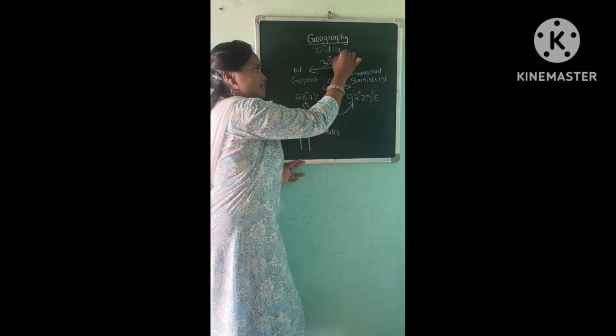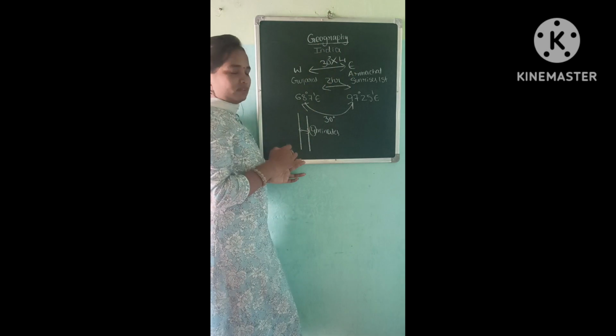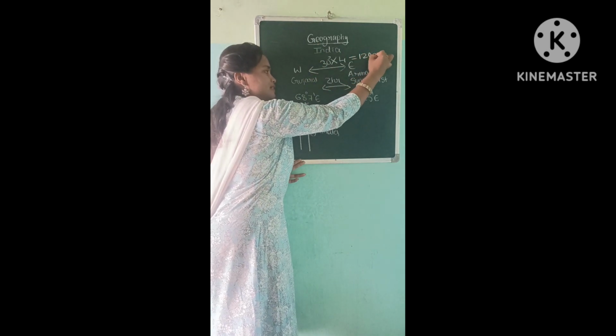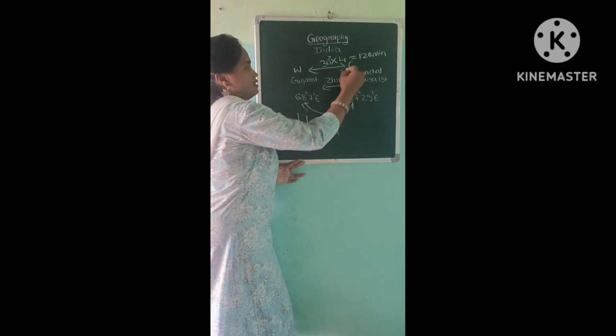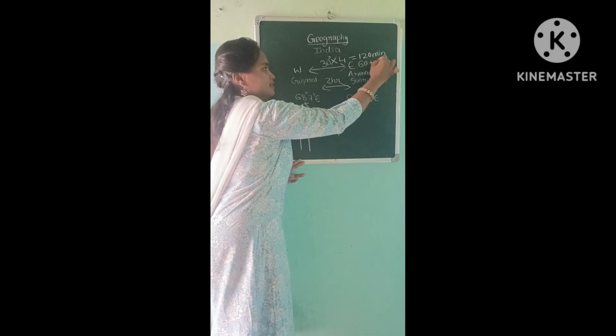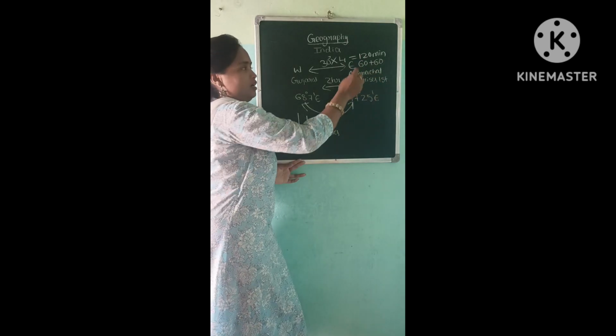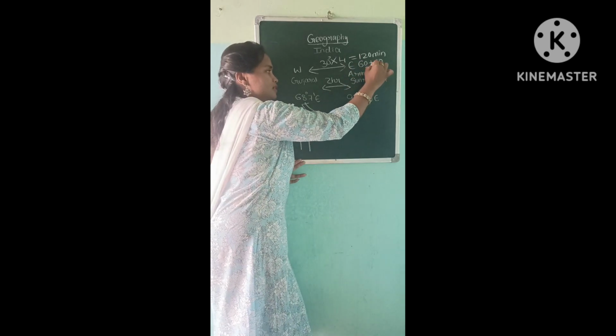If it is 4 minutes for 1 degree, for 30 degrees how much time will it take? It is 30 into 4, which is 120 minutes. 120 minutes means 60 minutes plus 60 minutes, 1 hour and 1 hour, so it is completely 2 hours.